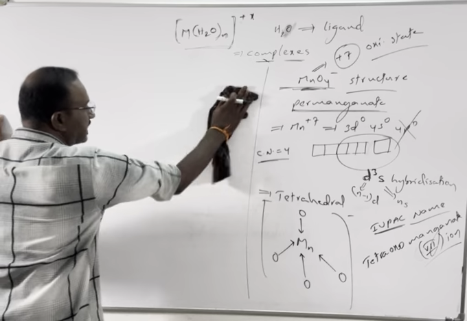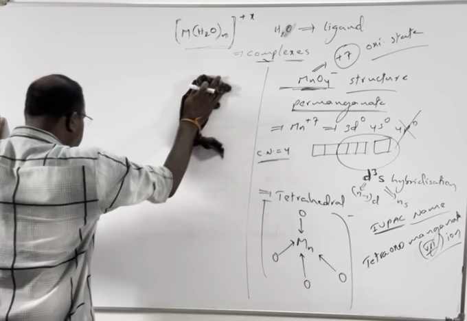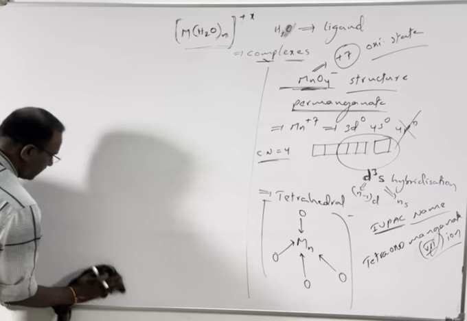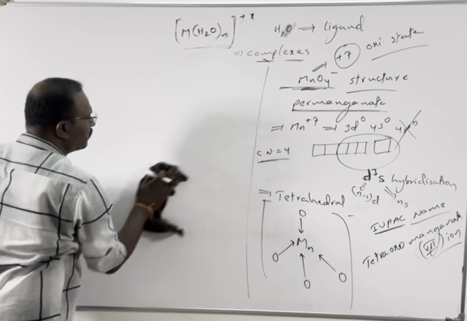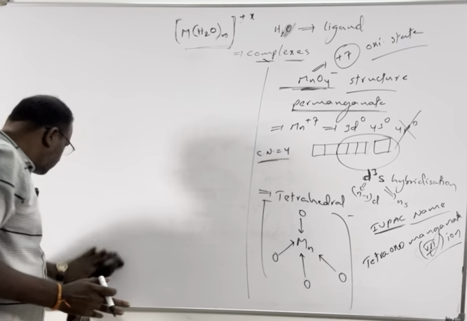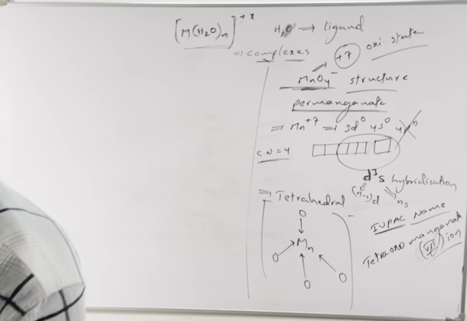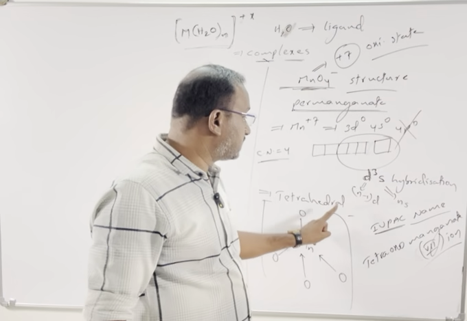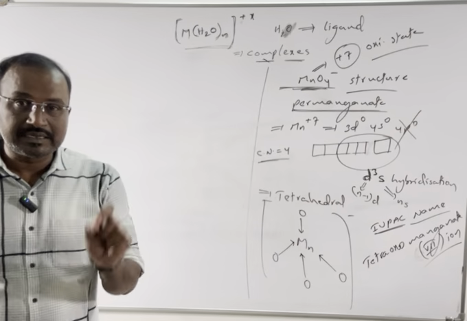So please be careful. Most students get confused and say the hybridization is sp3. Of course, in the NCERT book it is given as sp3, but actually, according to valence bond theory, it is not sp3, it is d3s.